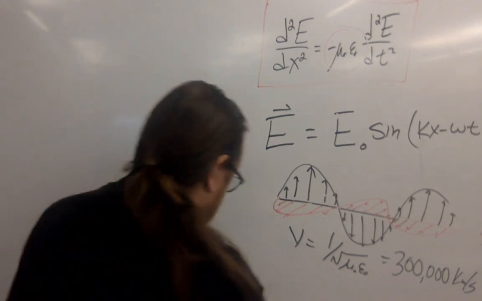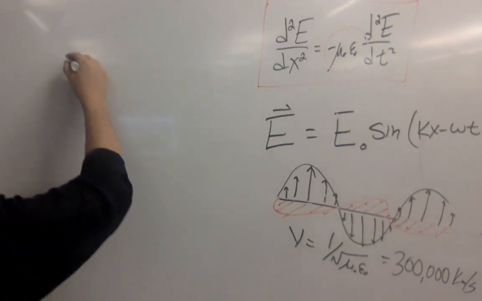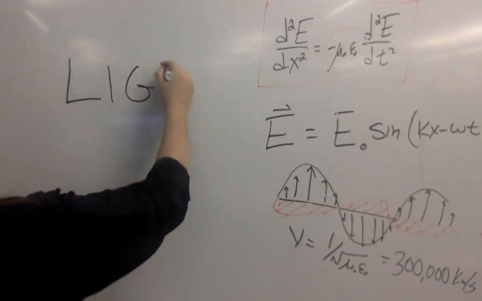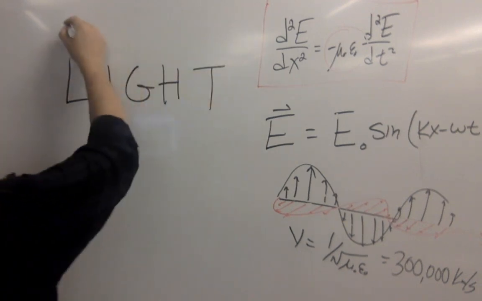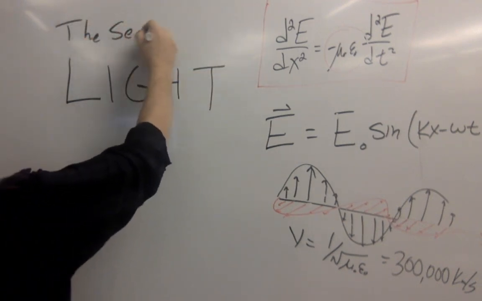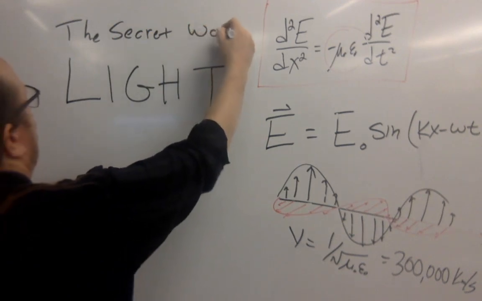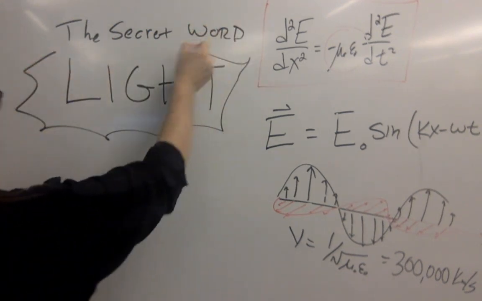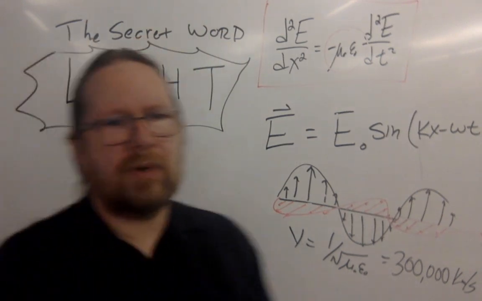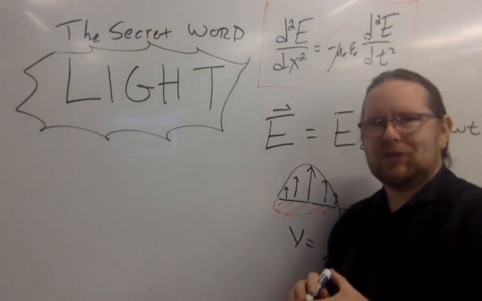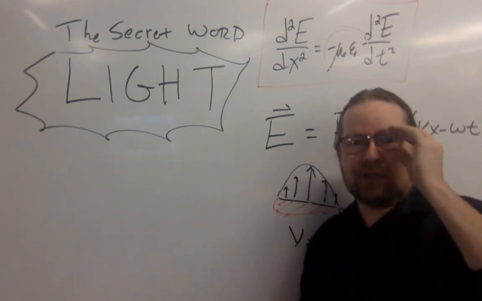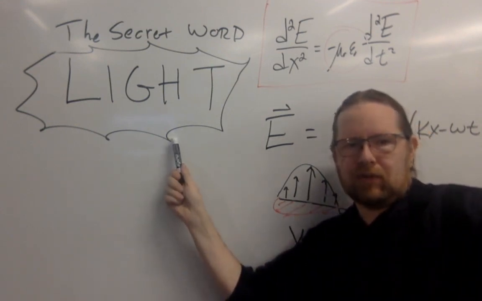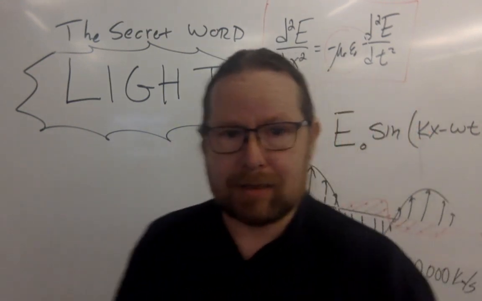So this is not only the result of Maxwell's equations, this is the secret word. The secret word is light. Okay, so if you've watched the video this long and there's a question on the final exam that asks, what is the secret word? The answer to that question is the secret word is light.